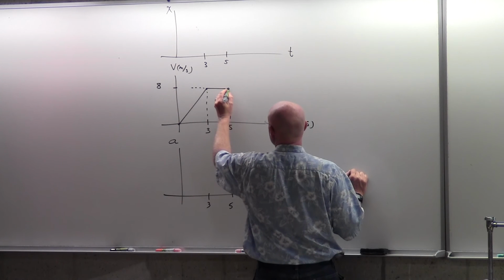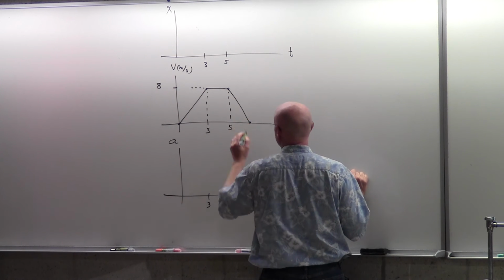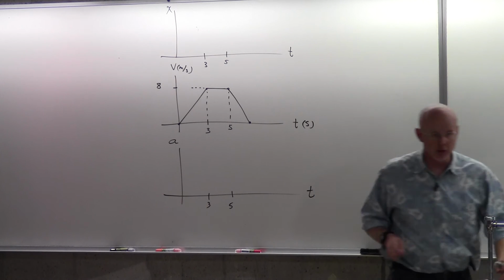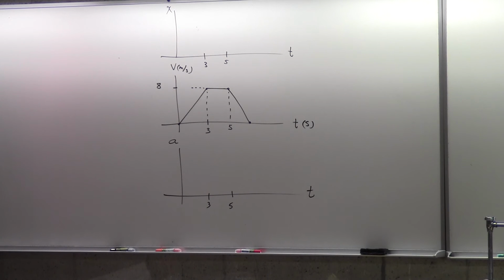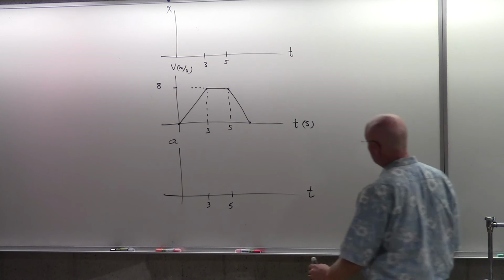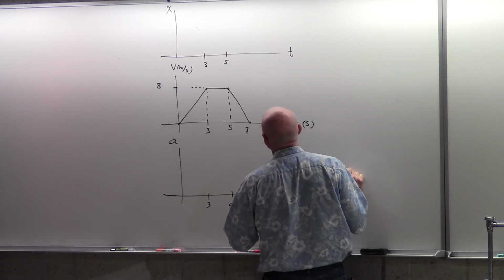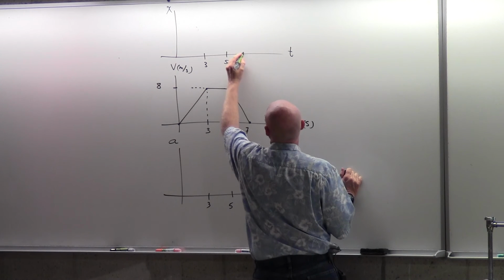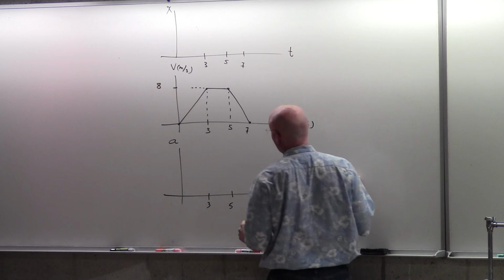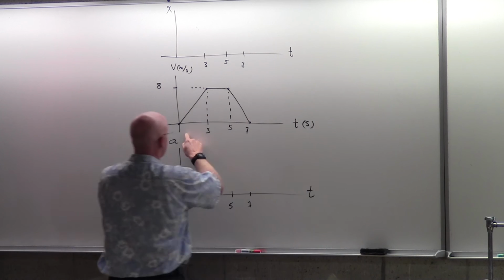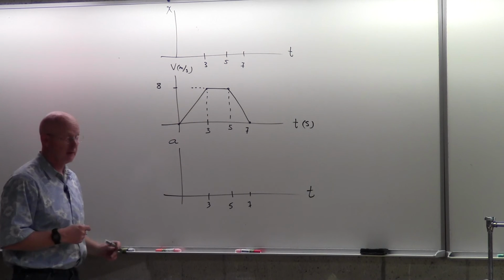And then it seems to slow down and come to a stop. I didn't look closely enough. That's at 7 seconds. All right. So at 7 seconds, we're here. So it came to a stop. Only 2 seconds, whereas it took 3 seconds to get to that speed.